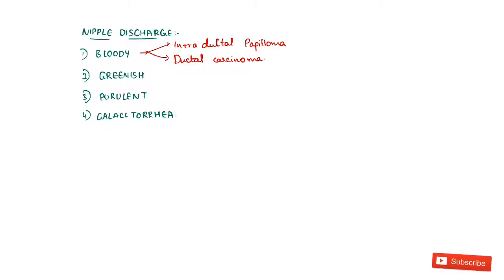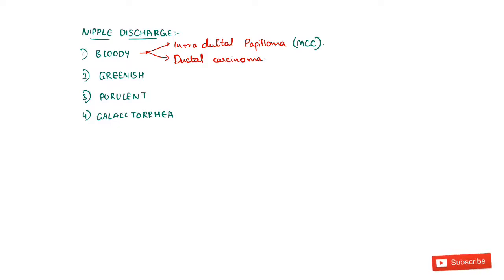Intraductal papilloma is an outgrowth which is seen in the duct. In the duct, we find an outgrowth which may obstruct the flow of the duct. This condition is known as intraductal papilloma. The most common cause of bloody nipple discharge is intraductal papilloma.